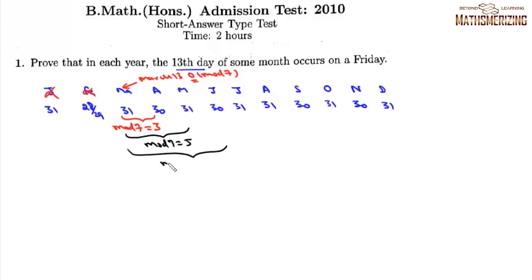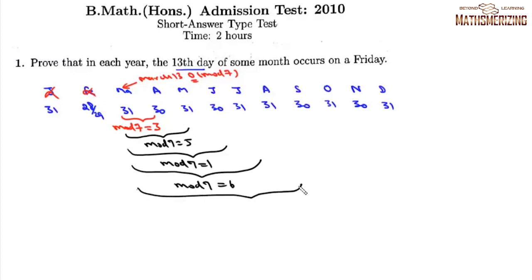So it will be 1 modulo 7. In the same way, till July, it will be 6 modulo 7. Till August, it will be 2 modulo 7.